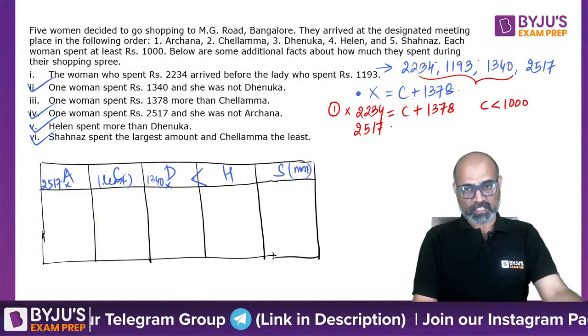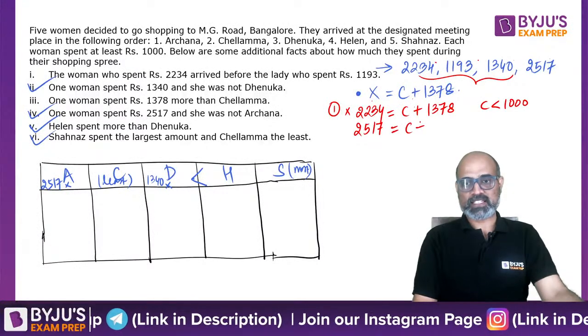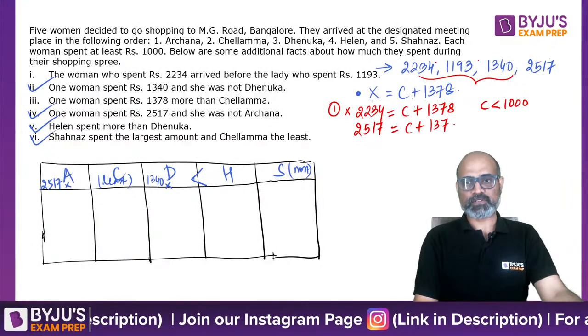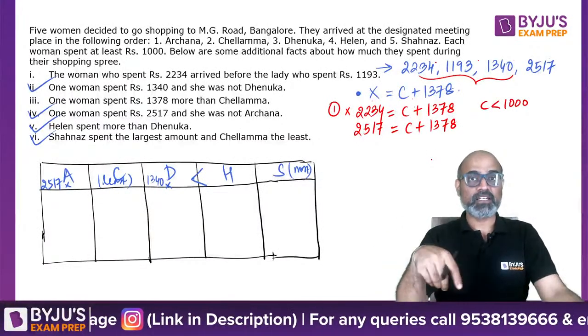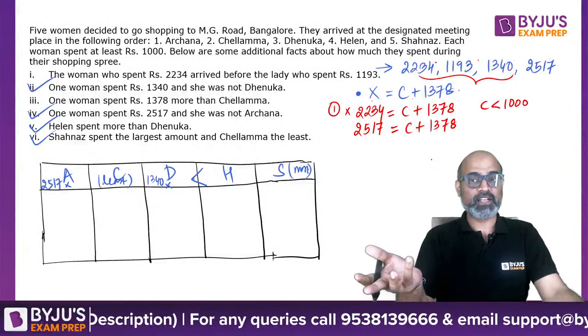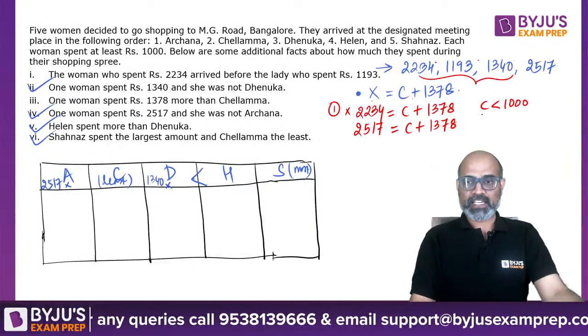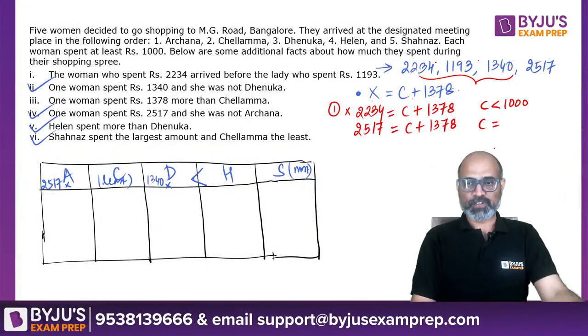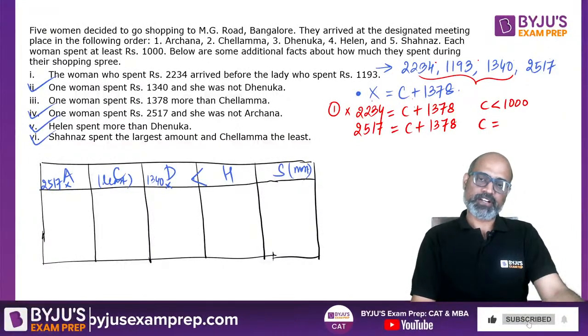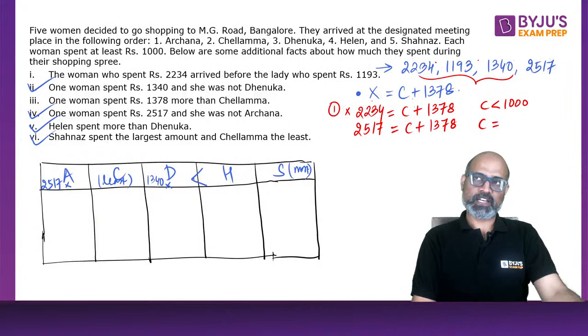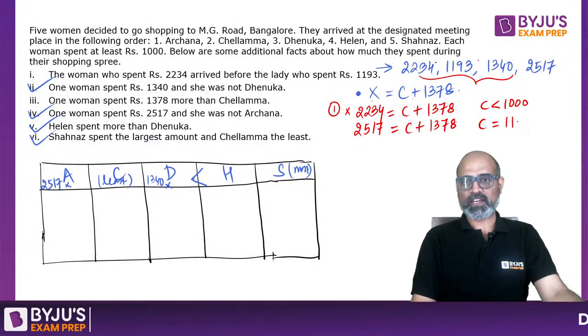Let's say the other person is 2517, so that X is C plus 1378. If C turns out to be less than 1193, then only it will make sense, right? So if we take the difference, the value of C we will get is going to be 2517 minus 1378, that is 1139.